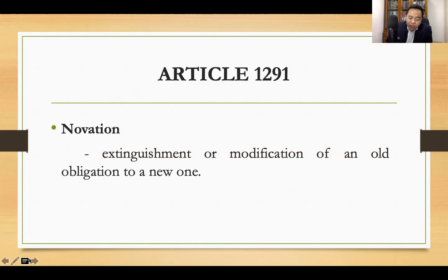Legal compensation at novation. Dalawa. Okay? So, remember this concept of novation and legal compensation, it has always been the subject of questions in the exams. Okay?